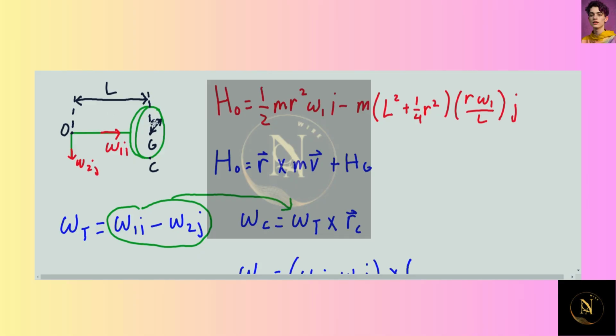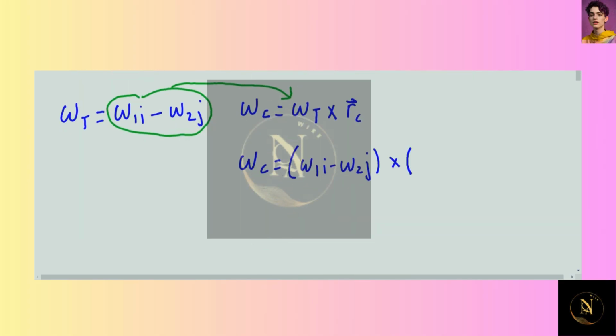That will give us the position vector for RC. So it's going to be L i minus R j.